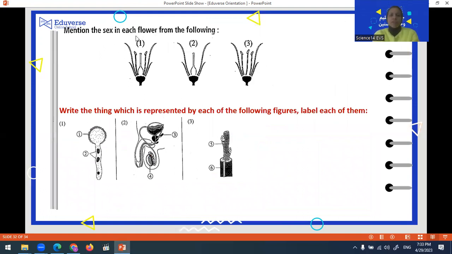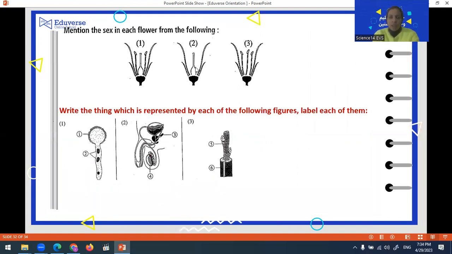Mention the sex of each flower from the following. Here we have how many whorls? We have the calyx, the corolla, androecium and gynoecium. So this is bisexual, and here we have all four. Which part is missing? It's the androecium, and we have the gynoecium.